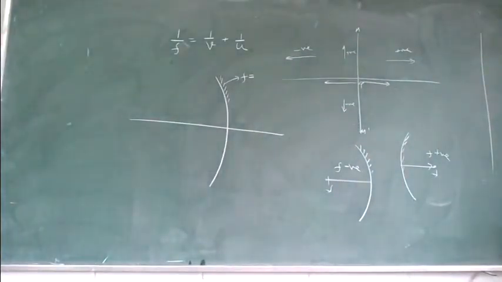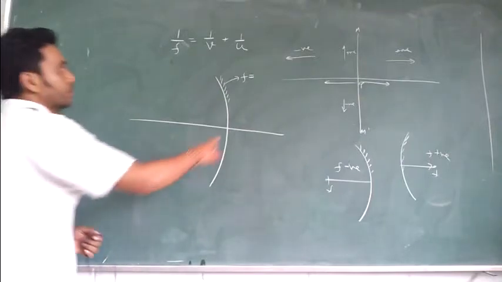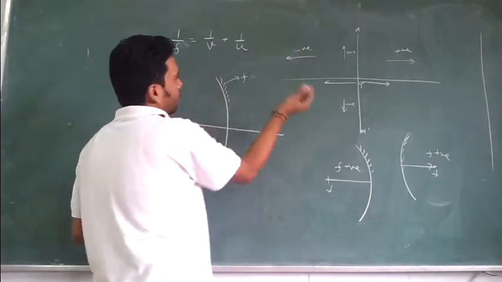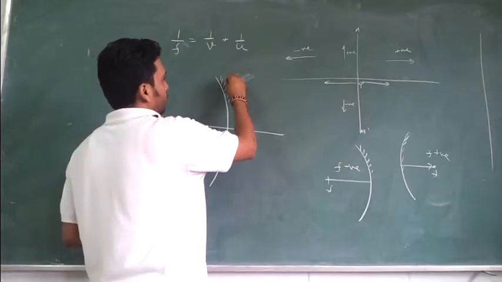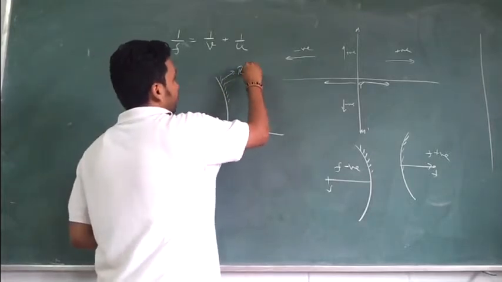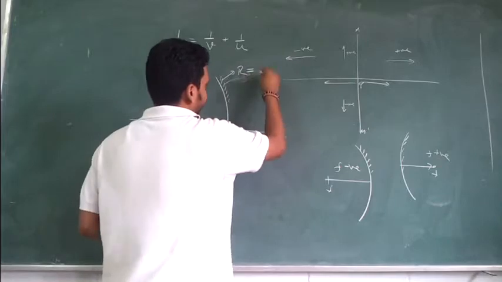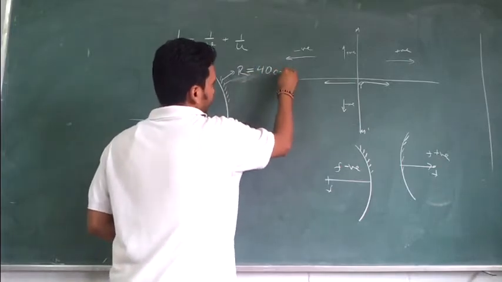Even if they write that focal length f is equal to 10 centimeters, you will have to make it minus 10 if it is a concave mirror and plus 10 if it is a convex mirror. So I have a concave mirror, the focal length or the radius of curvature is given to be, suppose, 40 centimeters.